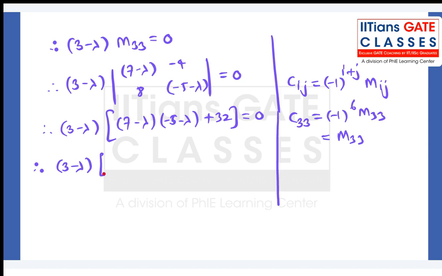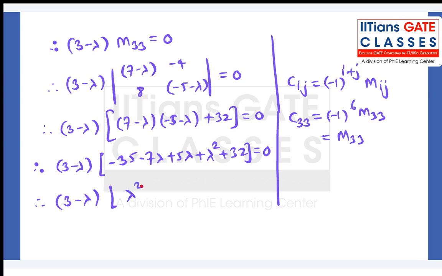Inside the bracket it becomes minus 35 minus 7 lambda plus 5 lambda plus lambda square plus 32 equal to 0. Then you have lambda square minus 2 lambda minus 3, because it is minus 35, so it is minus 3 equal to 0.